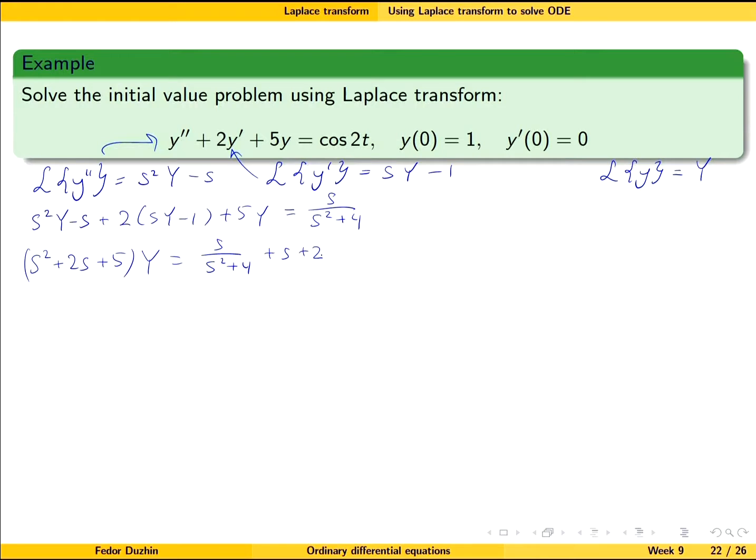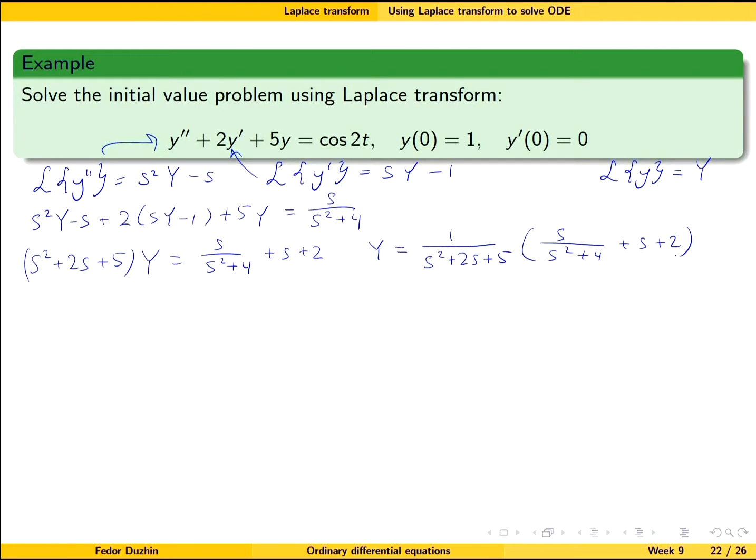Right? So which means that my Y, which is the Laplace transform of the unknown function, is going to be 1 over s squared plus 2s plus 5 times (s over s squared plus 4 plus s plus 2).